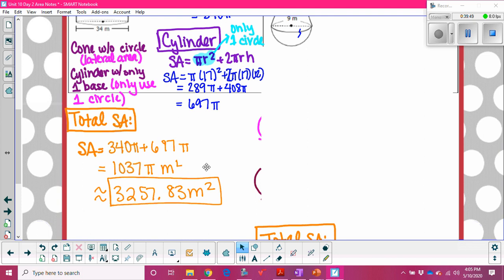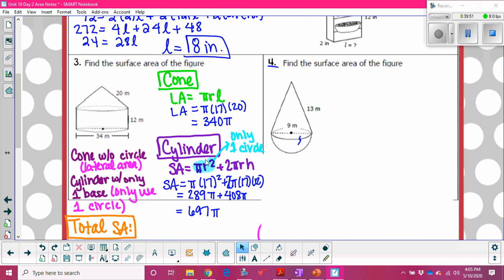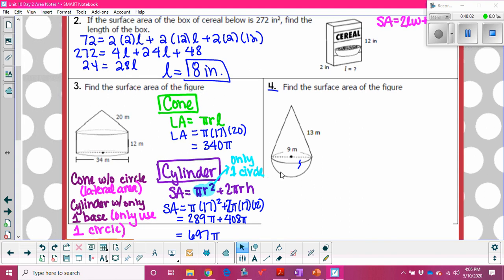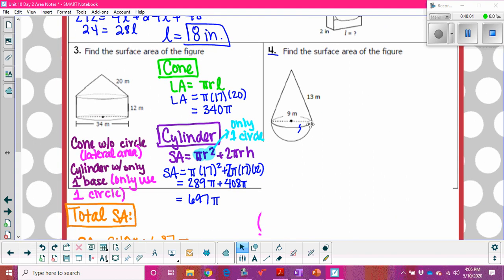Okay. All right, pause the video and y'all do number 4, and then we'll talk about it. Okay, so looking at number 4, you have a cone on top of a hemisphere, but you don't have the circle of the cone or of the hemisphere to put on the surface area.